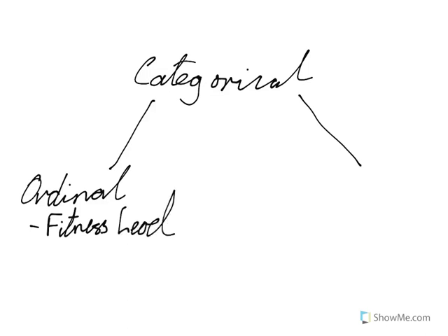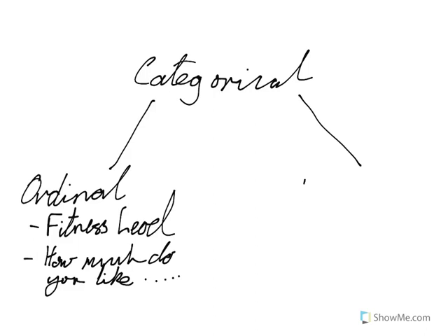For example, questions like, how much do you like, blah, blah, blah. So there's some sort of order, high, low, medium, and so on.